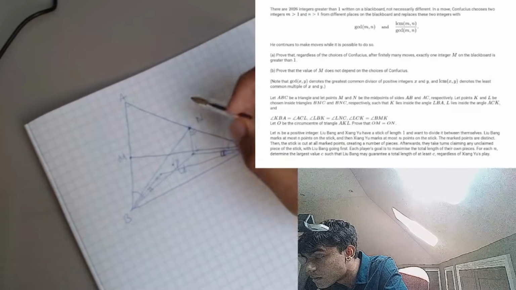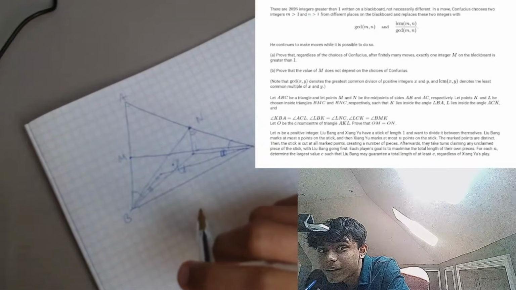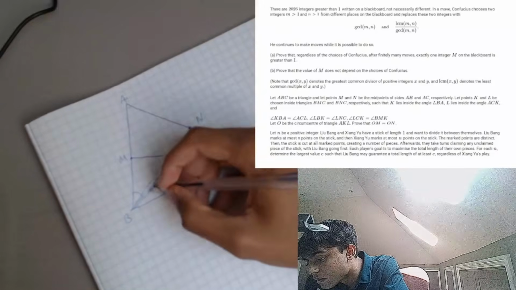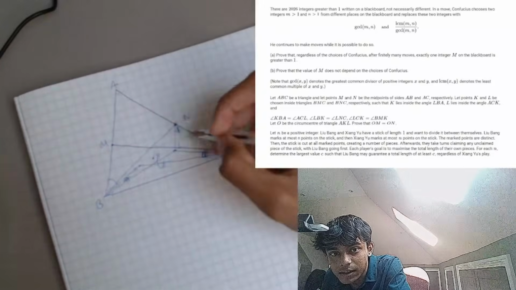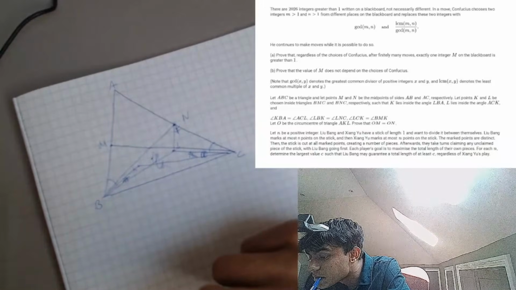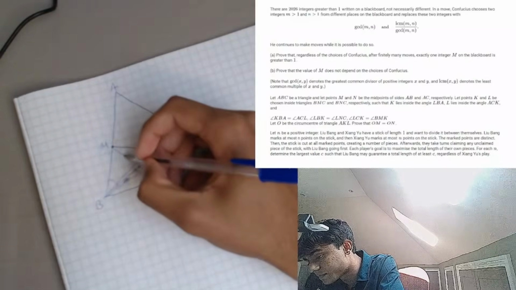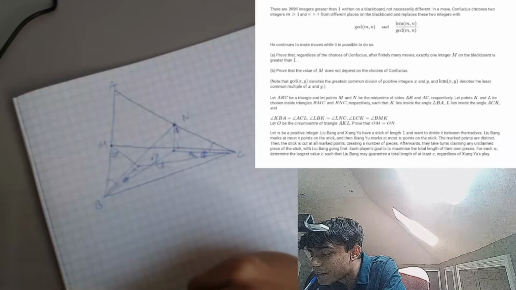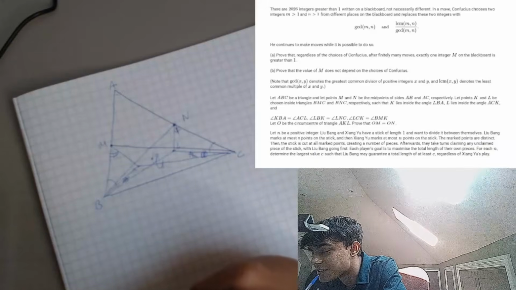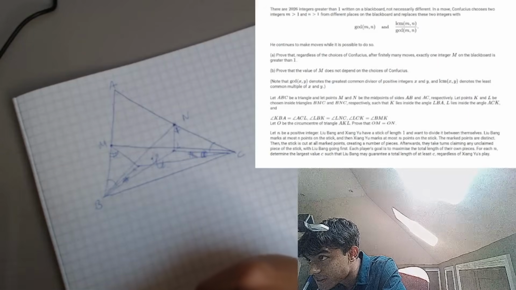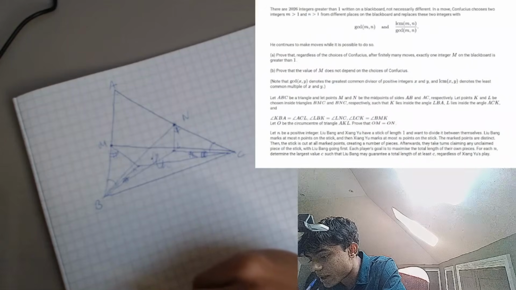And LCK equals BMK. Very unusual to say the least. O is the circumcenter of AKL. Prove that OM equals ON.